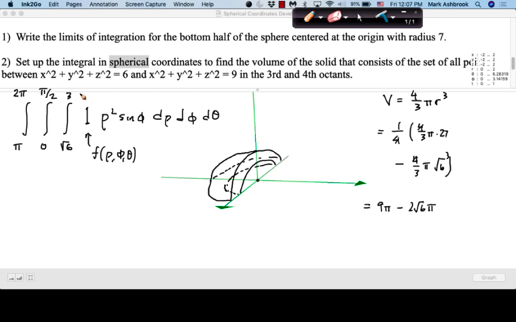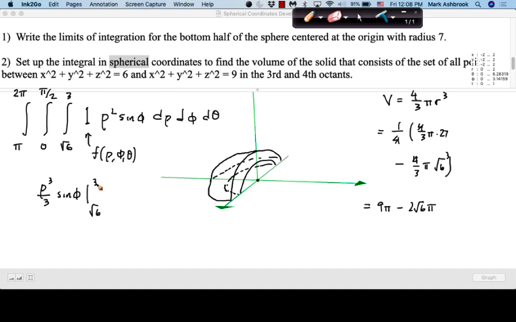Okay, so if we do the math on this, we should get this, right? So we're testing our triple integral to find volume versus our plain geometry to find volume. So here we go. The antiderivative with respect to rho would be rho cubed over 3 sine phi, from square root of 6 to 3.